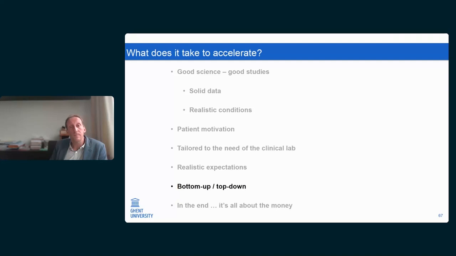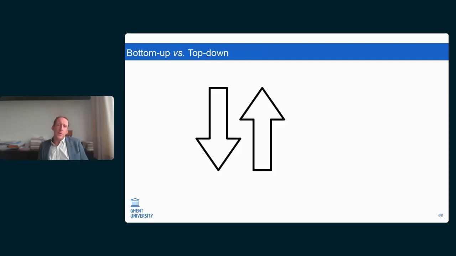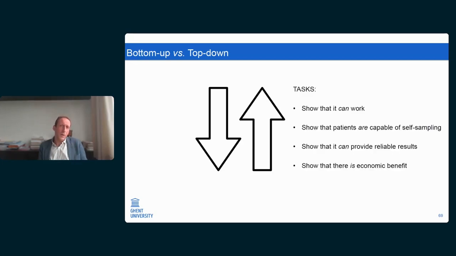If we consider accelerating the uptake of dried blood microsampling, we can look at two different approaches, a bottom-up approach or a top-down approach. A bit of a negative approach, as I see it, is the top-down approach, first shown here on the left. A top-down approach is like a policy change, and from now on, everyone has to do it in a certain way.